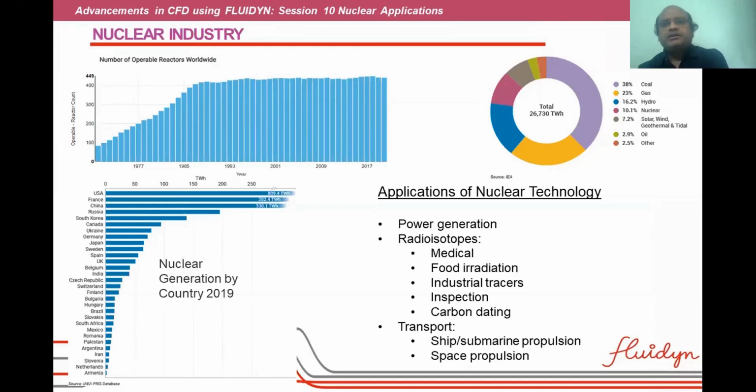In addition to power generation, nuclear technologies are applied in various other fields like medical or food irradiation, carbon dating, and propulsion systems for submarines. As all of you are familiar, India is trying to build or has already built a nuclear submarine, and is going to build more of these. Actually, these will also be used in space propulsion.